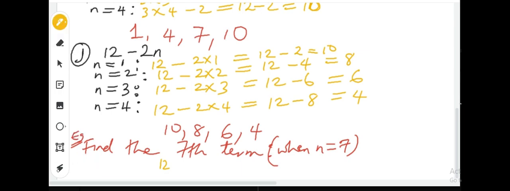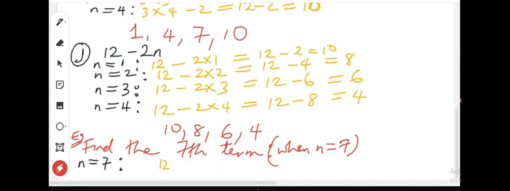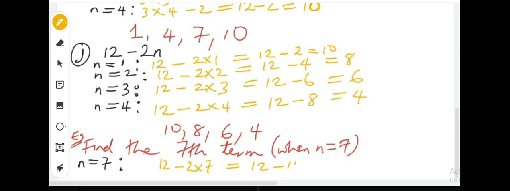When n equals 7, we're going to have 12, substituting from here, that's 12 minus 2 times 7, and that's going to give us 12 minus 14.